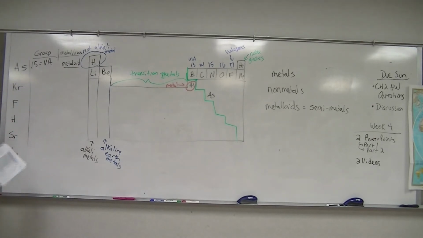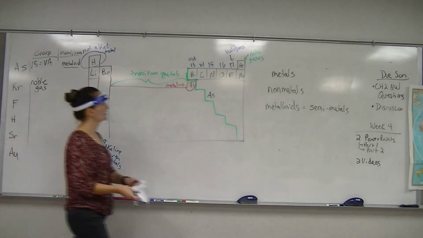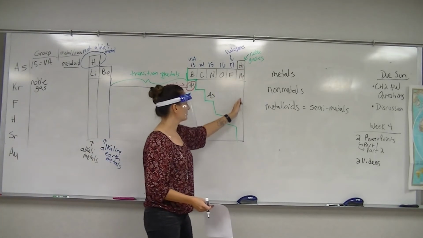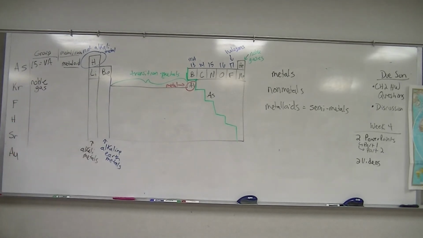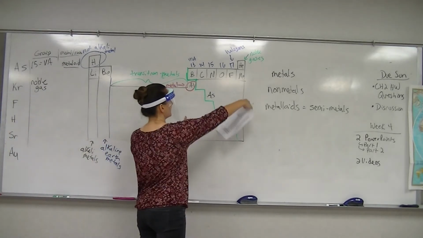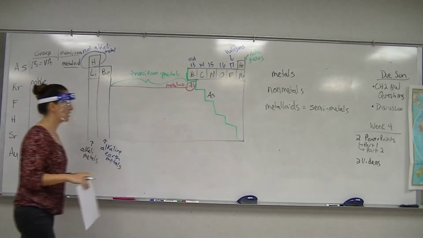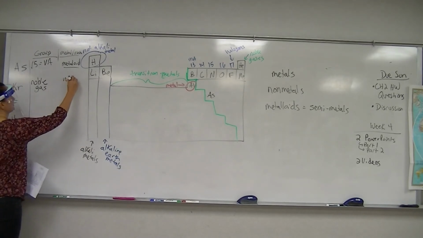So we wouldn't want to say group 18 since it has a special name. Instead, we would call it a noble gas. It's in this group along with helium, neon, argon, all noble gases. So now, based off this zigzag line, it's to the right of the zigzag line, so what is it? Metal, non-metal, or metalloid? It's a non-metal, yes.